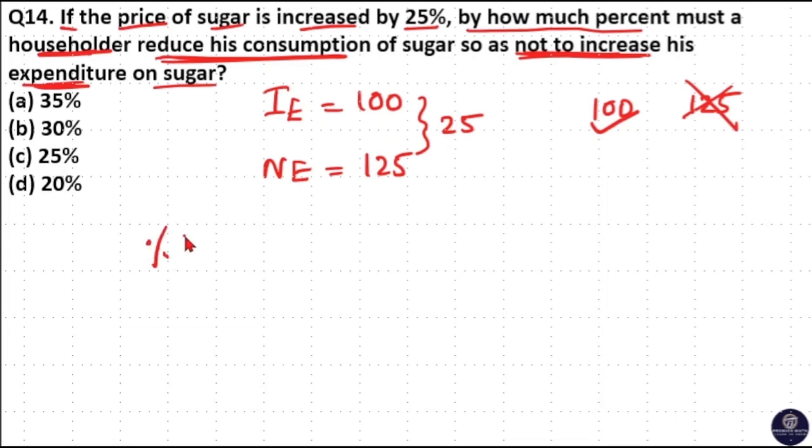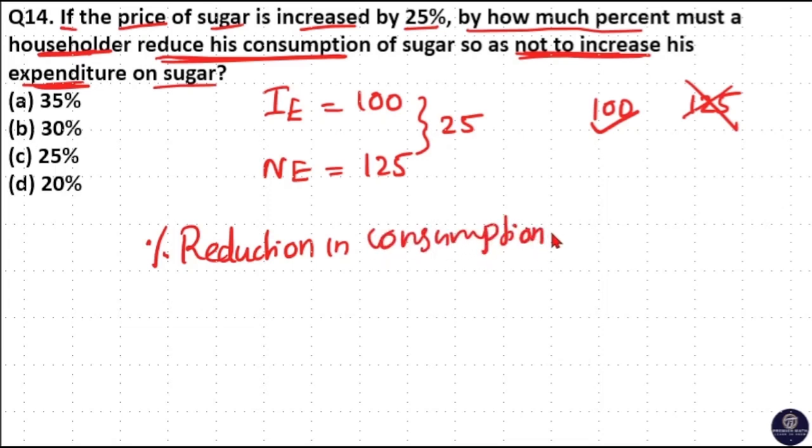So he needs to reduce his consumption in order to keep the expenditure as 100 rupees. Then percentage reduction in consumption is, here 25 rupees has to be cut from this 125 rupees in order to keep the initial expenditure. If you convert it in terms of percentage, multiply it with 100.